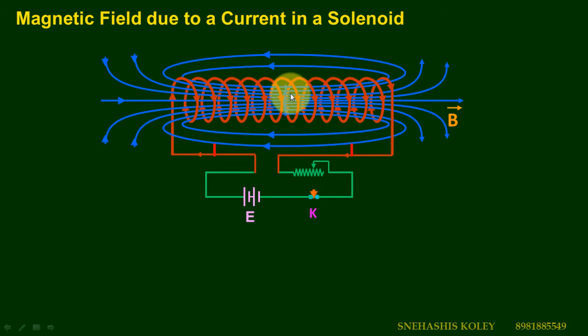That means by increasing the number of turns in a solenoid, we can increase the magnetic field. And number 4 observation, the magnetic field is also increased if a soft iron rod is placed along the axis of the solenoid, because the soft iron increases the strength of the magnetic field of the solenoid, since soft iron has a high magnetic permeability.